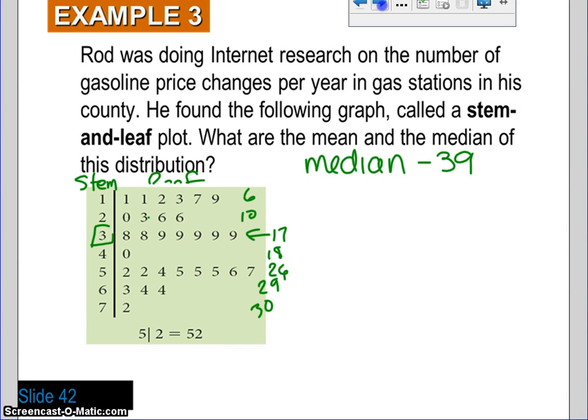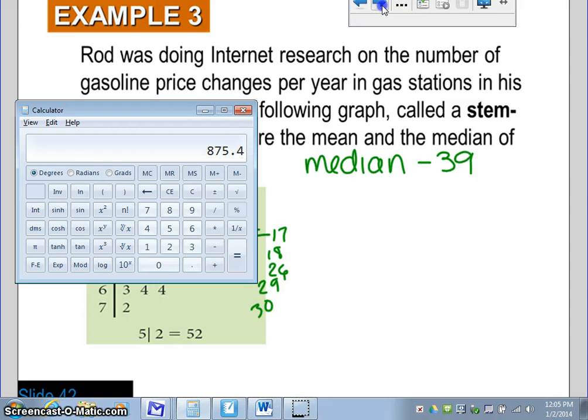Now the mean is going to be simply adding all of these values together. So go ahead and follow along with me on the calculator as we're going. So we've got 11 plus 11 plus 12 plus 13 plus 17 plus 19, second row now, 20 plus 23 plus 26 plus 26.